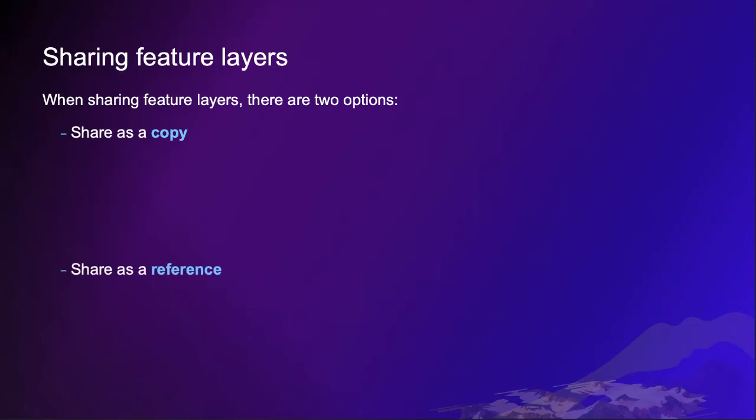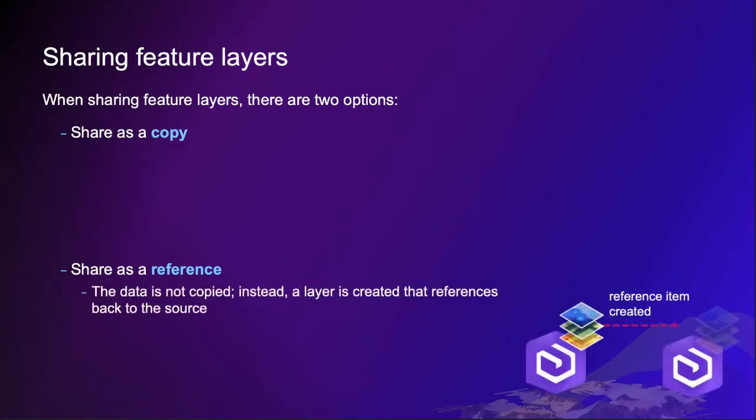And then share as a reference. Basically, it's like when you've grabbed your services URL and shared it with someone else, and they can just paste that in and go right to your services. That's basically what's happening here, but behind the security of the collaboration. This one, I want to point out, is shared, not copied, but just references back to the source.